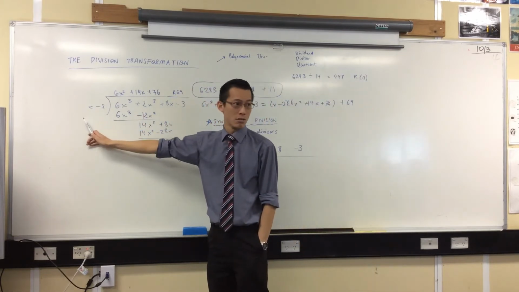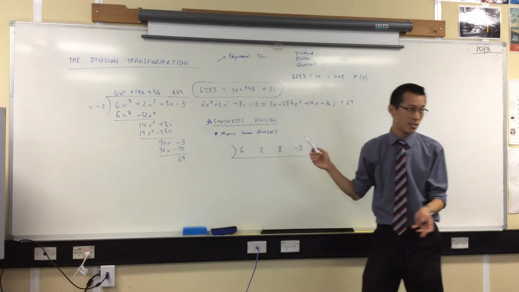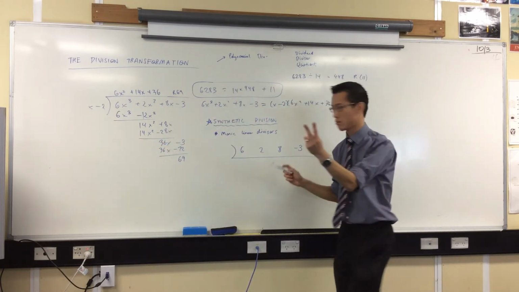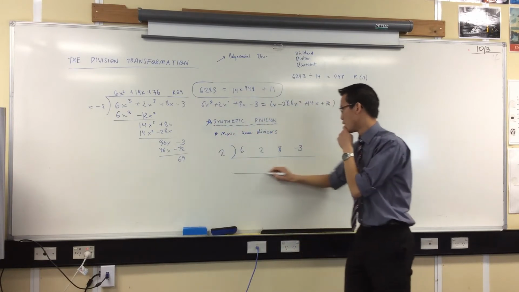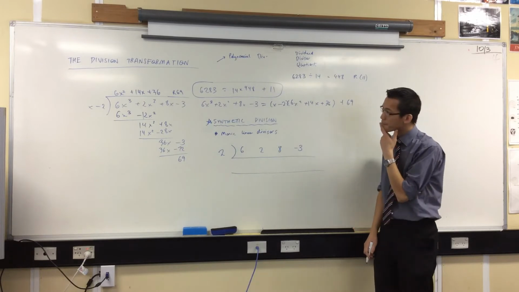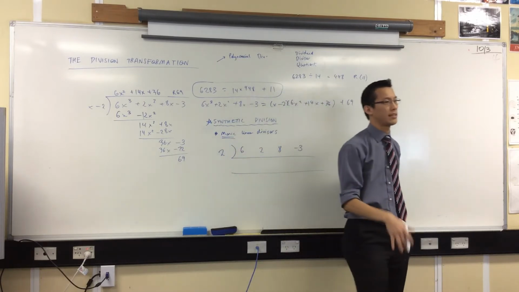Now this is x minus 2. So the 0, or the root that you would get out of having a factor of x minus 2, is just 2. That's the number. Draw one more line. Now remember I told you that we're only going to be considering monic linear factors.